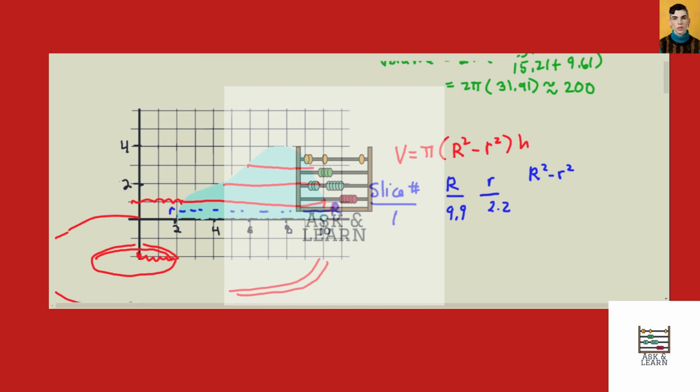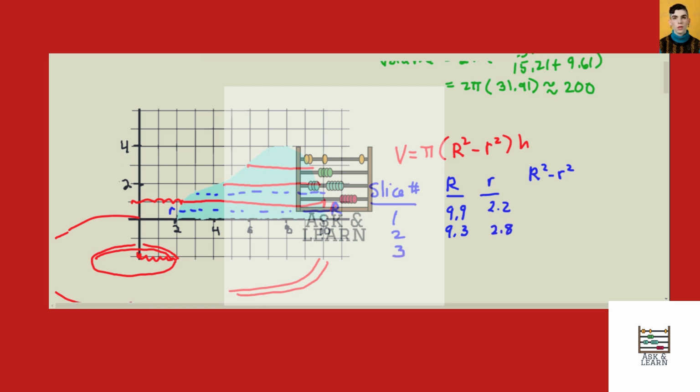Slice 2, big R, 9.3, little r about 2.8.